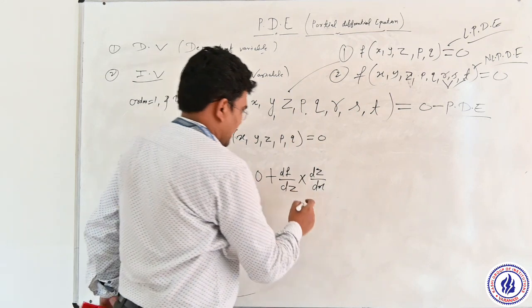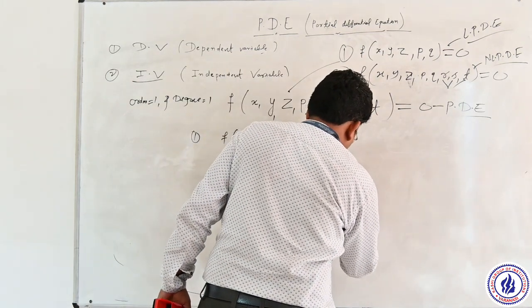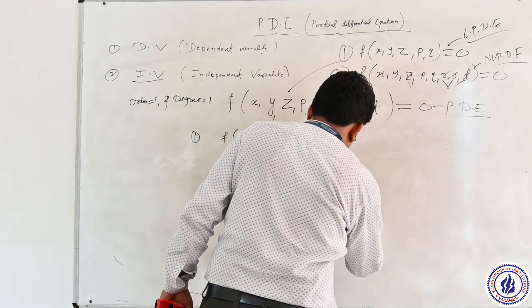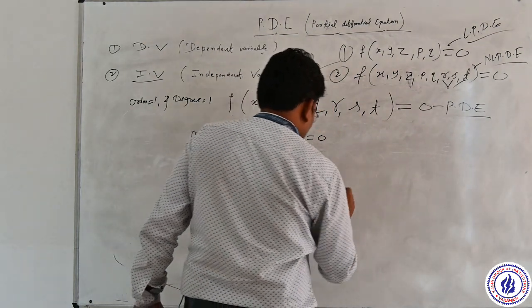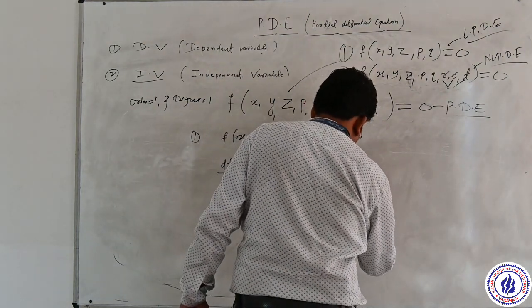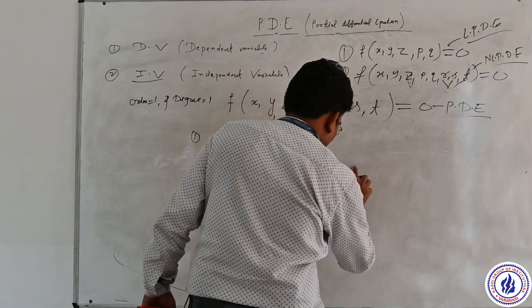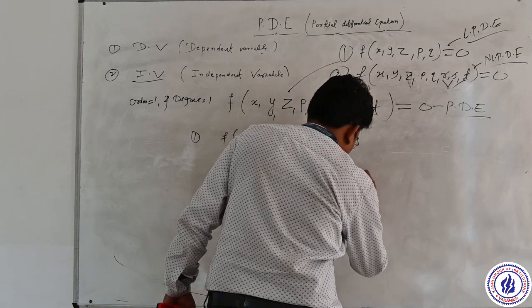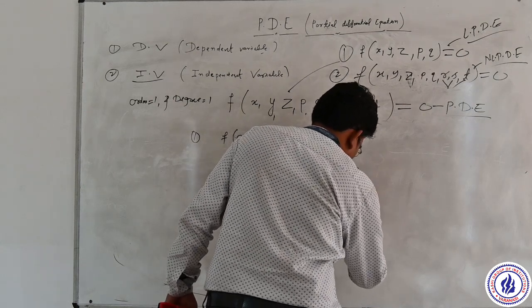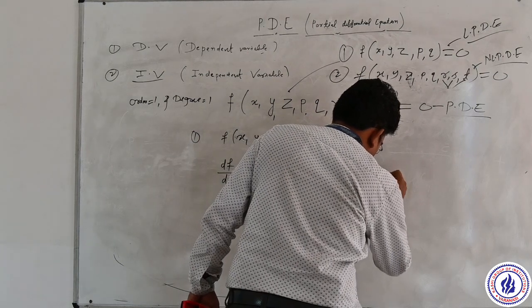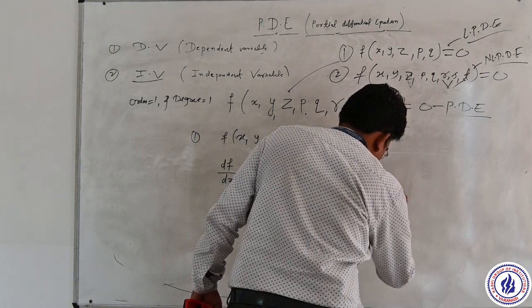Now you have p, and the same as you did here for p, for q also: df upon dp into dp upon dx.